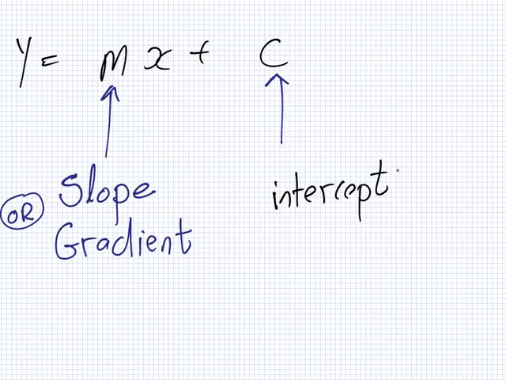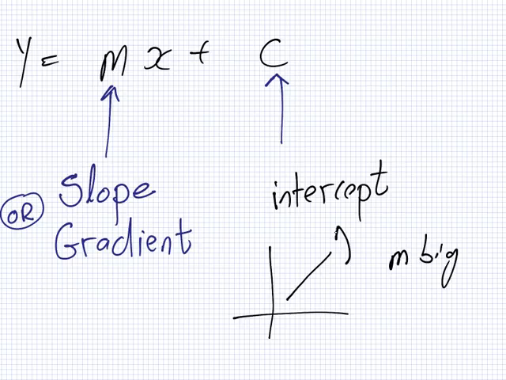Hard to remember. Think back to China, middle school, your middle school maths teacher. Sometimes we need that, but sometimes we don't need that. But what does it mean for the picture? So, for example, if the M is big, it means it is steep.